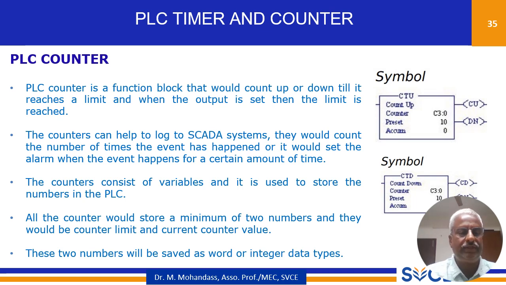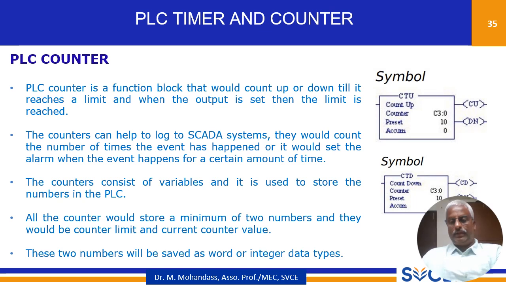Counters consist of variables and are used to store the numbers in the PLC. So counters mean if you want to measure or count how many times a particular event happens. For example, if you want to operate a linear actuator, we can count how many times the actuator extended and retracted, a complete cycle.